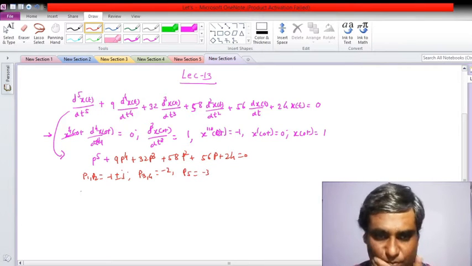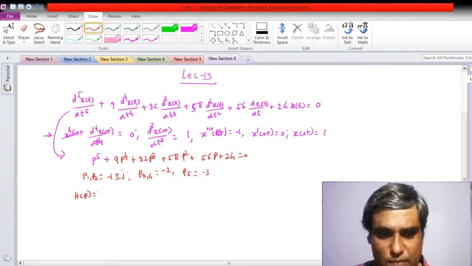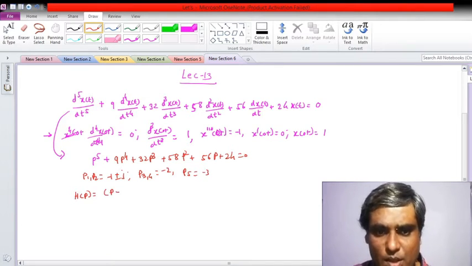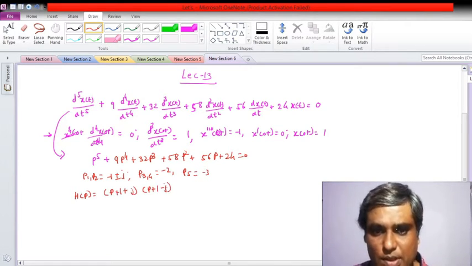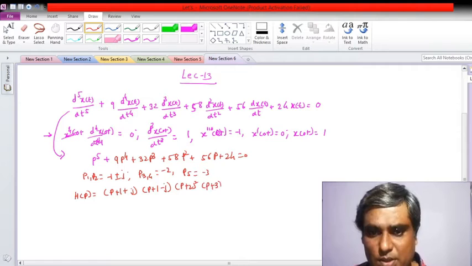So how will be h of p? Your characteristic equation will be p plus 1 plus j, p plus 1 minus j, p plus 2 square, and p plus 3.